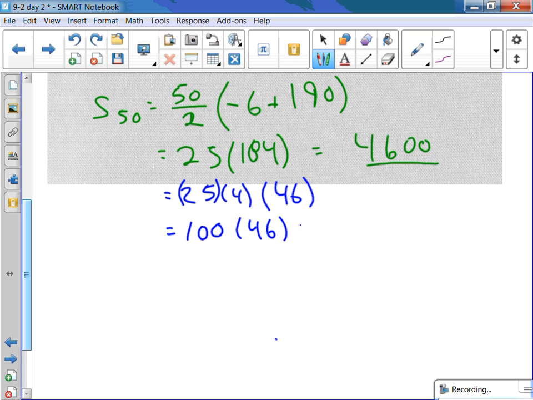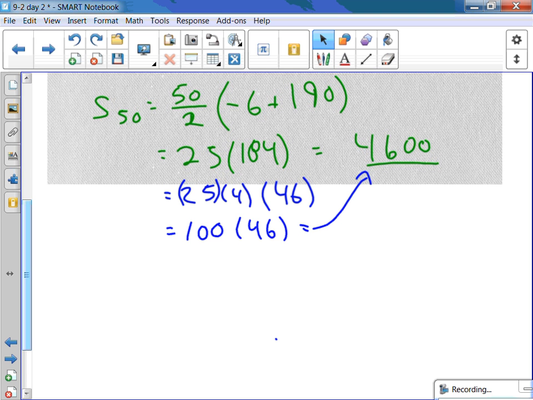Look for patterns sometimes, especially when you're not using a calculator. If you recognize 25, I know 4 of those make 100, and 100's very manageable when we're multiplying. Can I pull a 4 from that 184, and then I'm just adding 2 zeros at the end. Look for stuff like that.